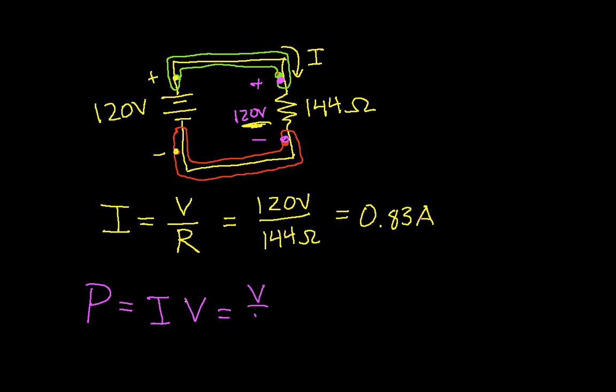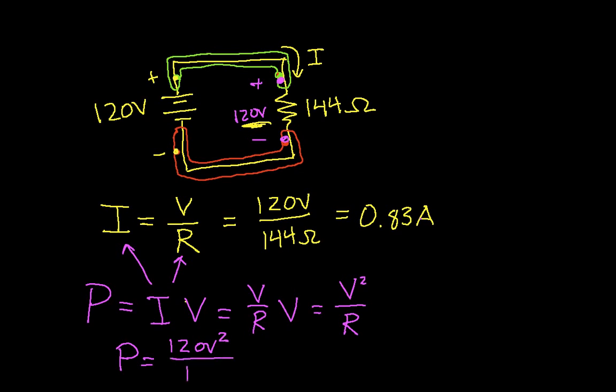So I can write this as V over R. You can see I've taken this I and replaced it by V over R times V, or I can simplify this as V squared over R. Okay, so in this example, my power is equal to 120 volts squared divided by 144 ohms. And when I compute this, this turns out to be 100 watts, which is good. That's what I started with.